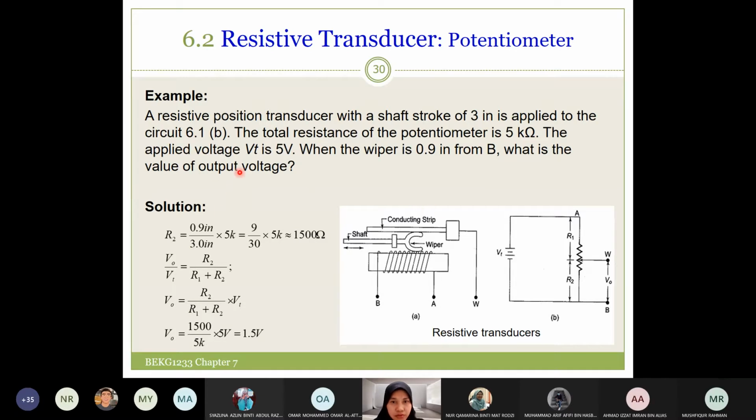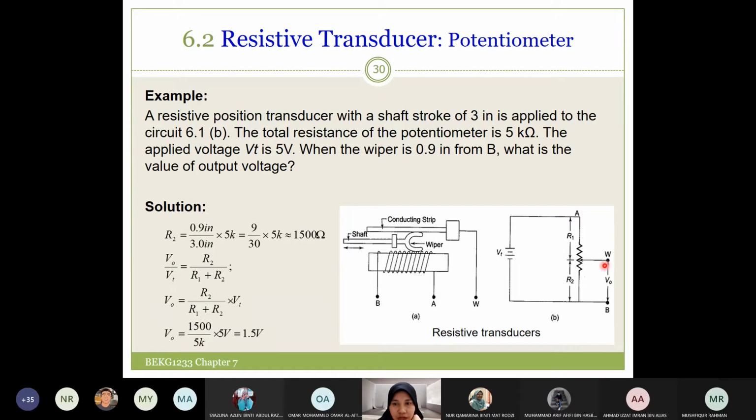So how to calculate? We use the principle of ratio. We calculate based on the ratio of the length of R2.